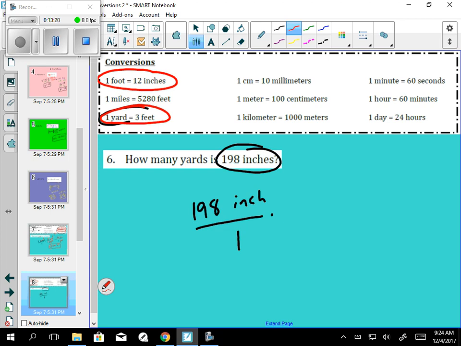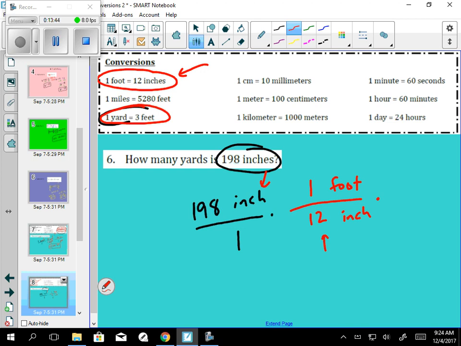Okay, since we're starting in inches, we need the conversion with inches first. We have inches on top, so for this one we want inches on bottom. We've got 12 inches in 1 foot. Anything after this first thing you write down should be equal to each other, and 1 foot is the same as 12 inches. All right, now we've got to do another conversion here. We're not to yards yet.